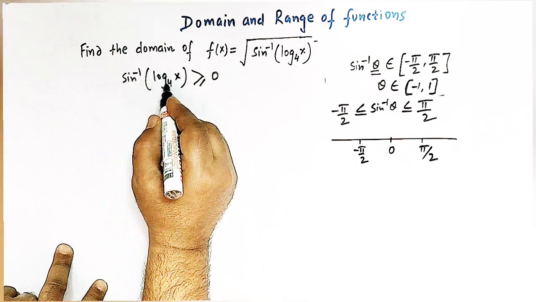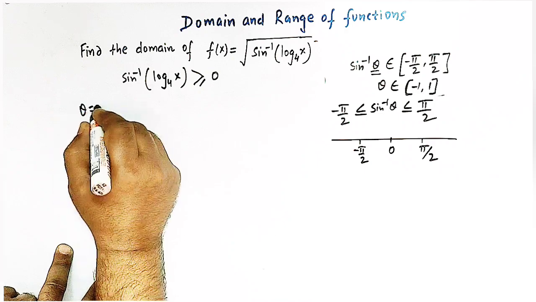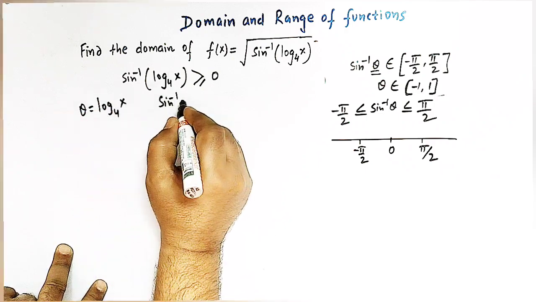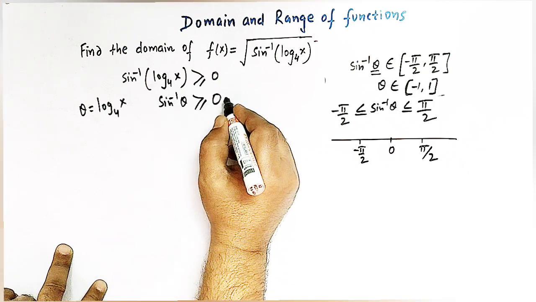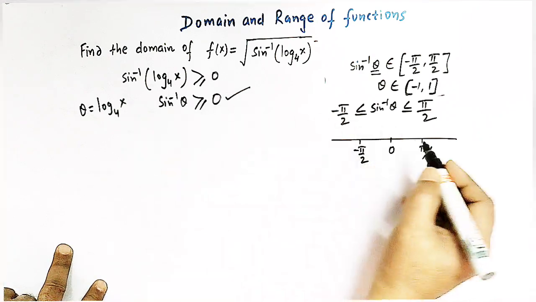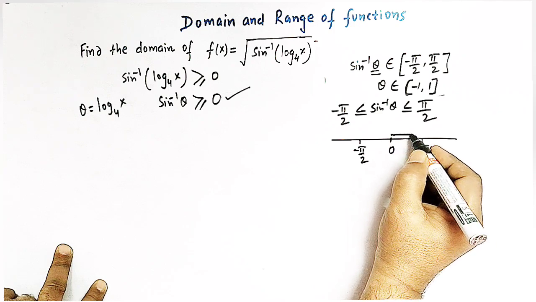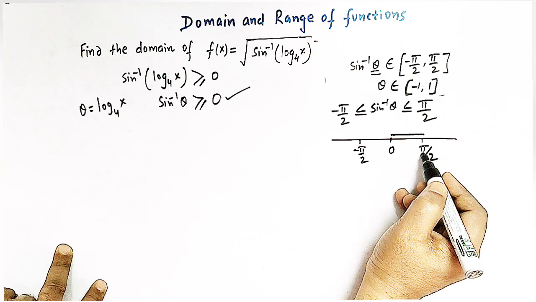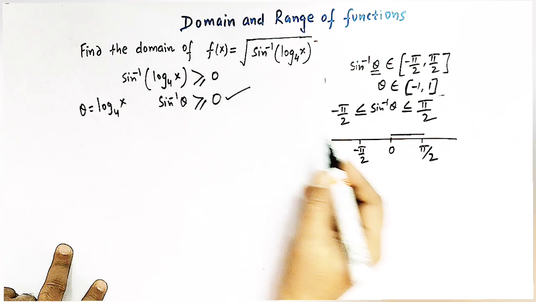Now see here, if we take theta as logarithm of x to the base 4, then we need sine inverse theta greater than or equal to 0. To fulfill this condition, sine inverse theta must have values between 0 and pi by 2, right? Because sine inverse theta has to be greater than or equal to 0.